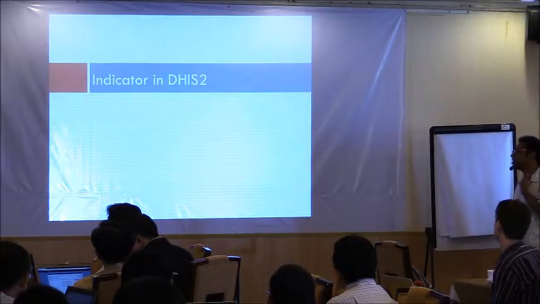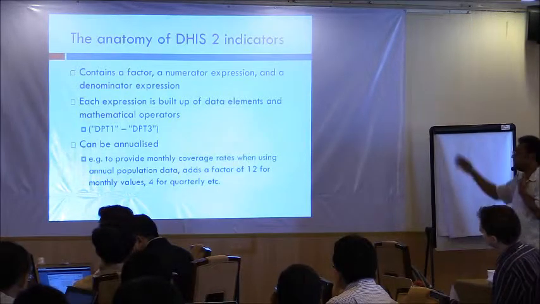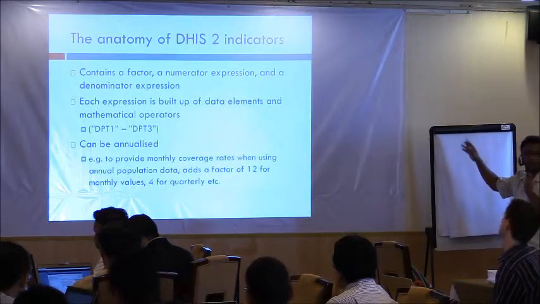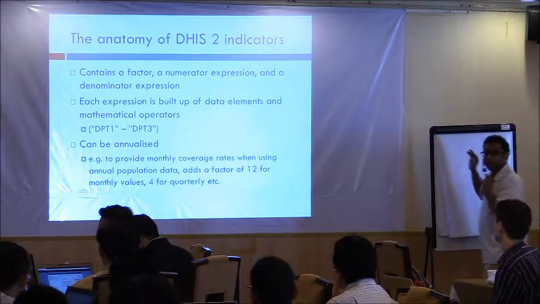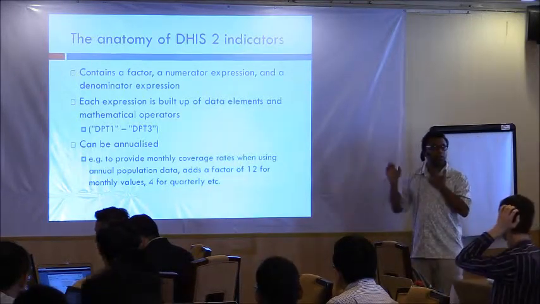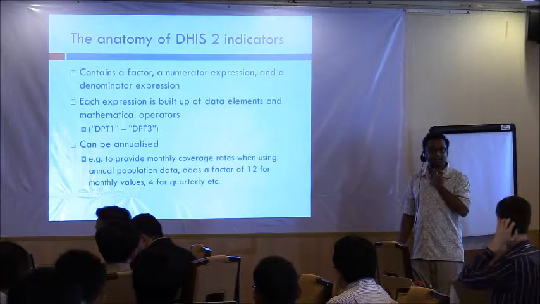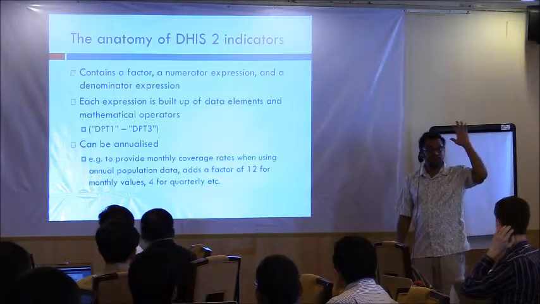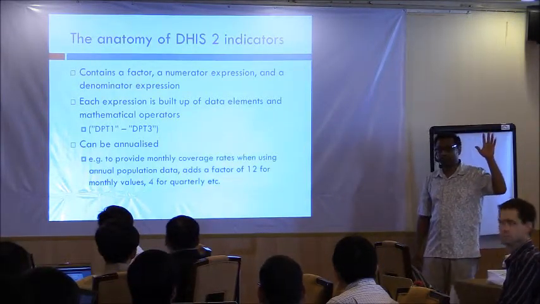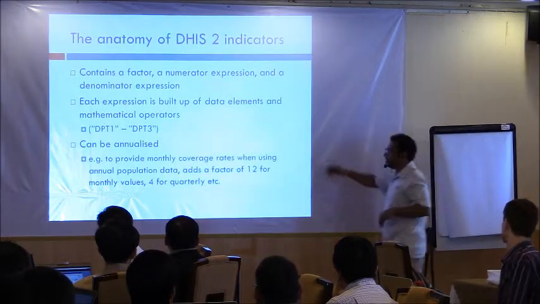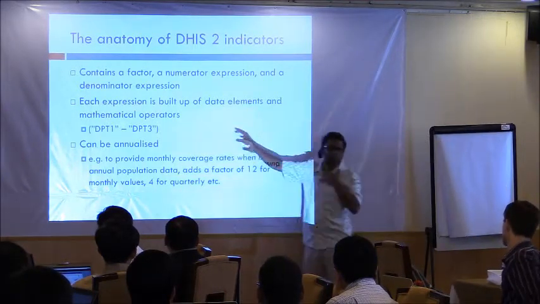Indicators in DHIS contain the same thing: numerator, denominator, and a factor. But how many people here know dropout rates? Dropout rate is very important in immunization, and it is very simple, but most of the time we make a mistake.